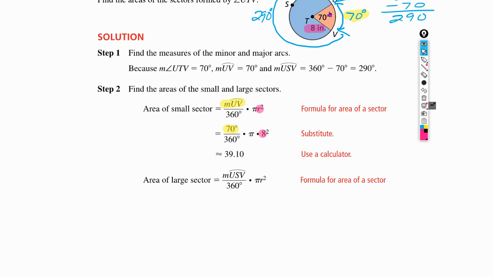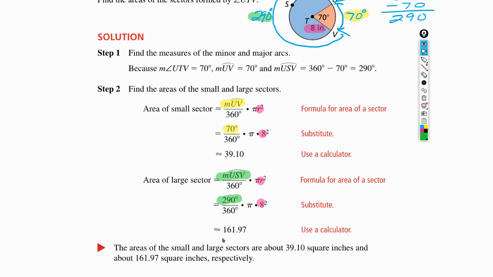So that's the area of the smaller sector, and now we're going to get the area for the larger sector. All we're going to do this time is use the 290 degrees. Same thing, here's still your 8. The only difference is now we have 290 in there. And so we get 161.97. All right, any questions?